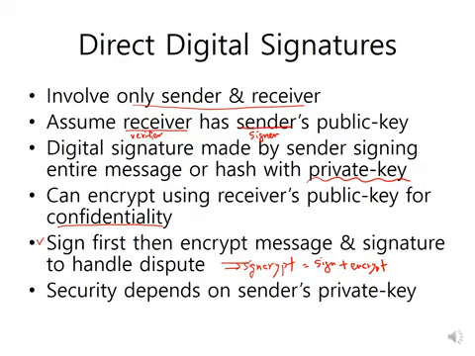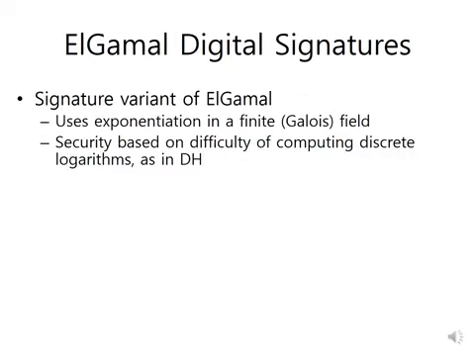Then on the basis of this environment, now we will study several algorithms for the data signature. As the first example of the data signature, let's see the ElGamal-based data signature algorithm. This is the signature variant of the ElGamal encryption. Like the ElGamal encryption, the ElGamal data signature algorithm uses exponentiation in the finite field.